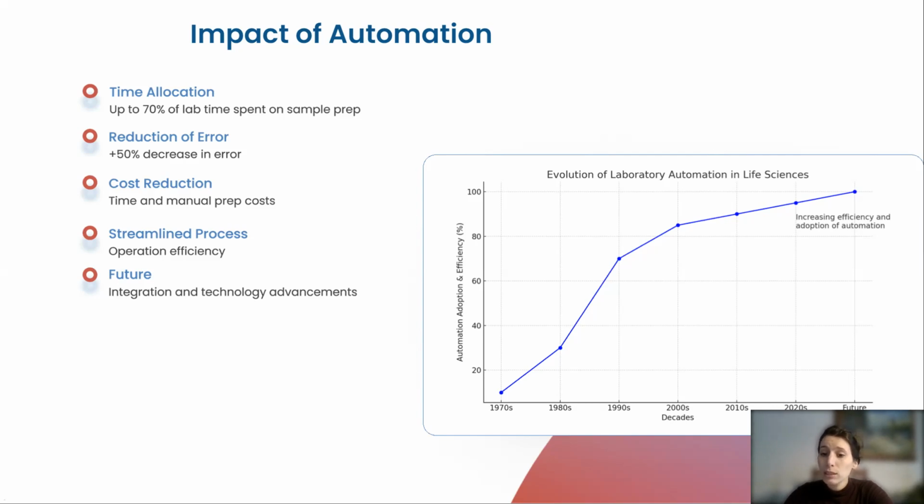So we've really taken processes that might not be very streamlined, might not be very efficient, and we've automated them. And then, of course, the last key point to mention here is the technological advancements. Whether it's using different methodologies to prep the sample, or maybe even optimizing further with multiple different integrations, automation has been really key in that.